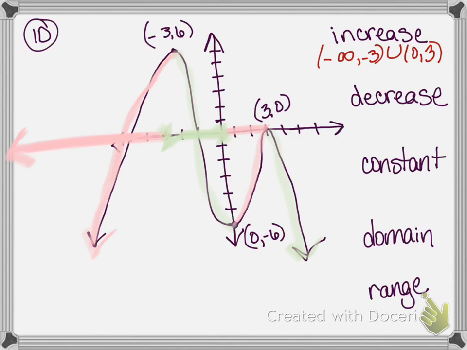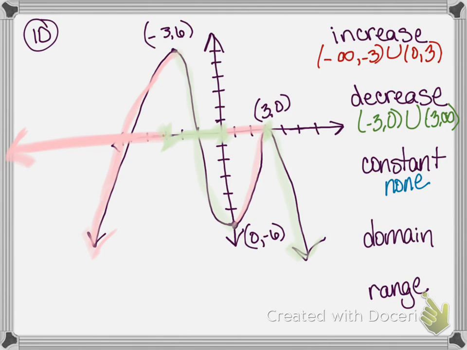So I'm looking at the x values of those two points. So I have -3 to 0, and then again, I start right here at 3 and I go to infinity. So those are my decreasing intervals. I do not have any constants. That's like a horizontal line. So I don't have any intervals where my graph is constant.